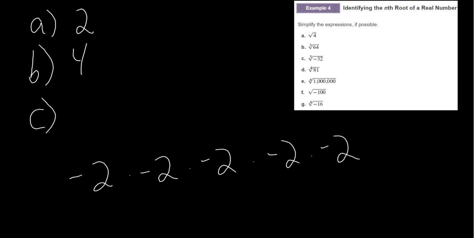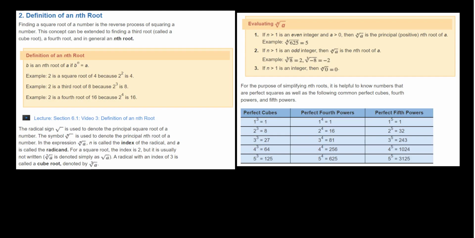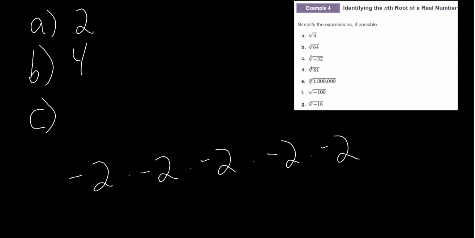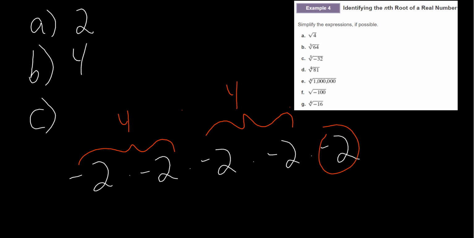Before we proceed, let's look at the fifth powers. 2 to the fifth is equal to 32, that's a positive 2 raised to the fifth power. I'm saying a negative 2, because negative 2 times negative 2 is equal to 4, 4 times 4 is 16, and 16 times negative 2 is equal to negative 32.